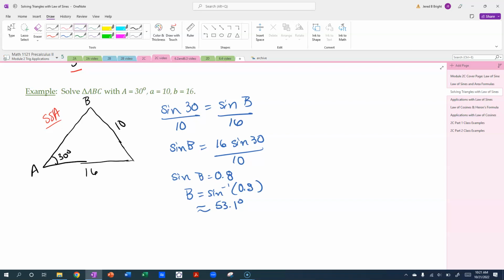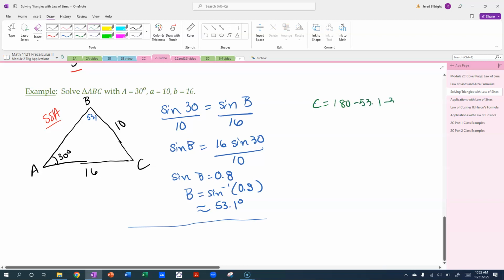And now, let's just go ahead and finish this off. So, on one hand, this would be 53.1, so then we can find, oh, I didn't label vertex C, but vertex C would then be 180 minus 53.1 minus 30, which is equal to 96.9.